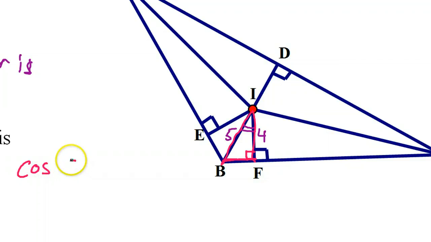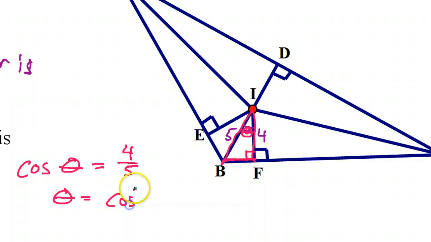So the cosine of, and I'll call it theta, I'm going to call this theta right here. The cosine of theta should equal 4 over 5, adjacent over hypotenuse. So if I want the angle, I need to use inverse trig function. So I will do inverse cosine of 4 over 5.